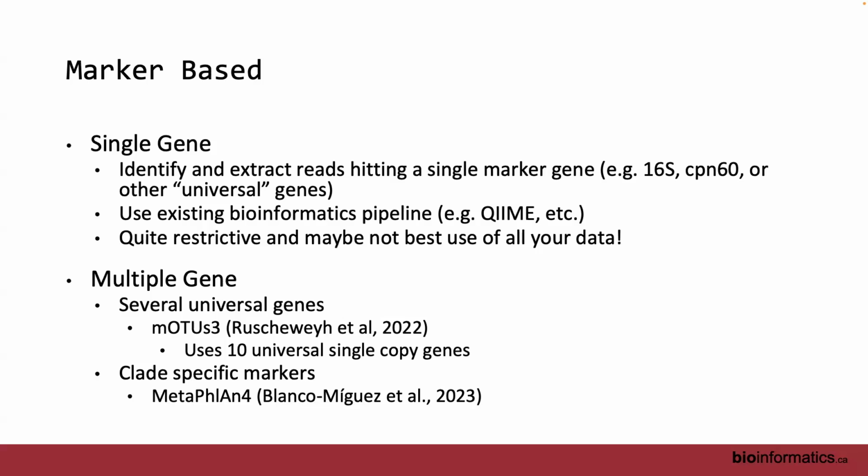MetaPhlAn, no, they don't technically look for horizontal gene transfer, but because, as we'll see, they focus on identifying a marker that's only found within a set of genomes, I think they would argue that maybe that doesn't come into play as much. I think their approach sort of biases away from that, but they don't explicitly try to remove, say, genes that are known to be involved in horizontal gene transfer, per se. Yep.